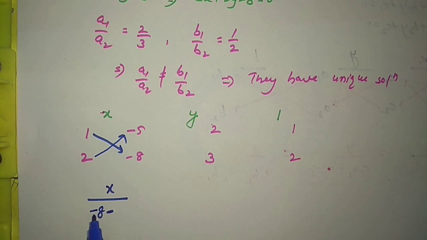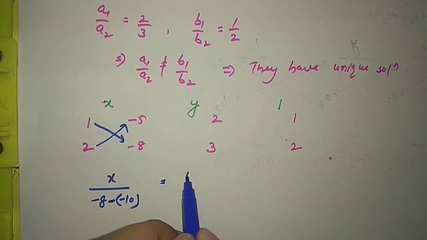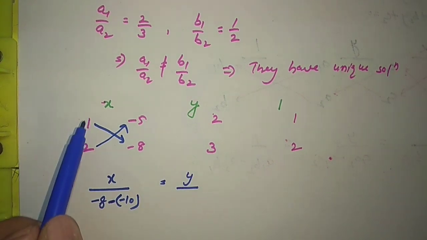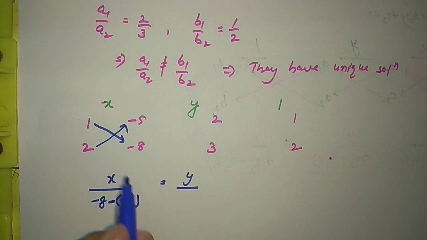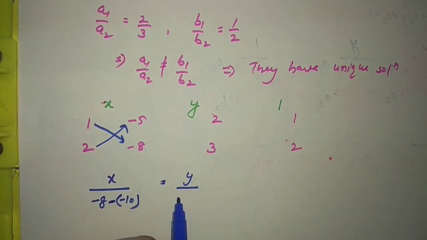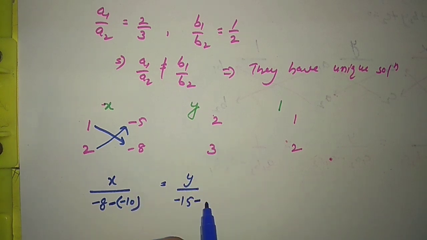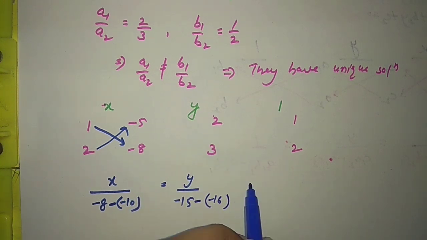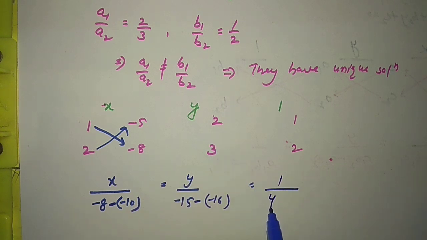So we have minus 8 minus minus 10. So next we have y upon, next is minus 5 into 3 is minus 15, minus 8 into 2 is minus 16. So next we have 1 upon 2 into 2, that is 4, minus 3 into 1.